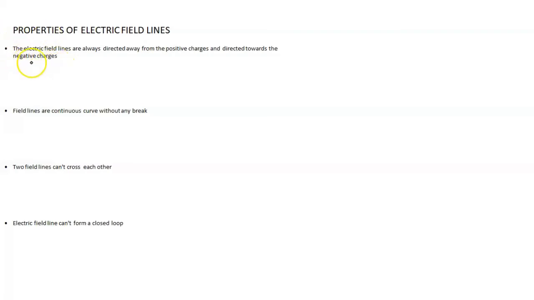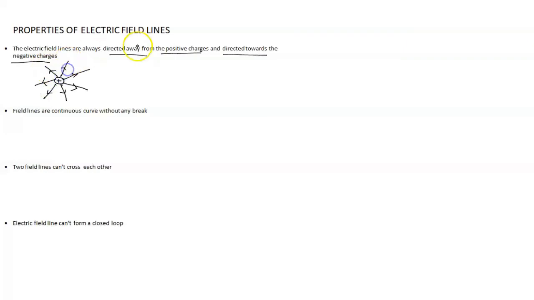The first property, which we already just studied, is that electric field lines are always directed away from a positive charge and directed towards a negative charge. So if we have one positive charge, the electric field lines are always directed away from the positive charge, like this.